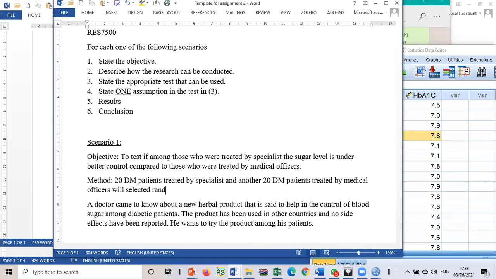Now you understand what specialists and medical officers are, right? Class, you understand, right? Yes. Right. From their records, go back to records, medical records.